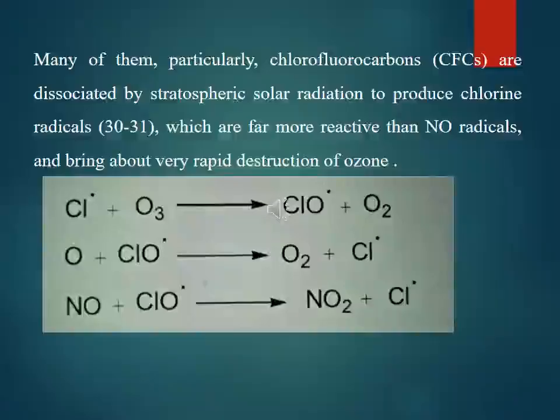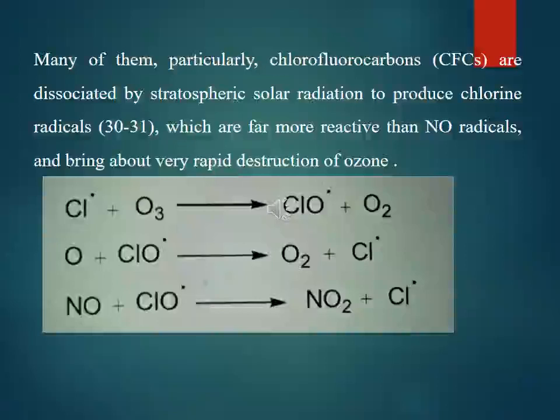Many of them, particularly chlorofluorocarbons, are dissociated by stratospheric solar radiation to produce chlorine radicals, which are far more reactive than NO radicals and bring about very rapid destruction of ozone.